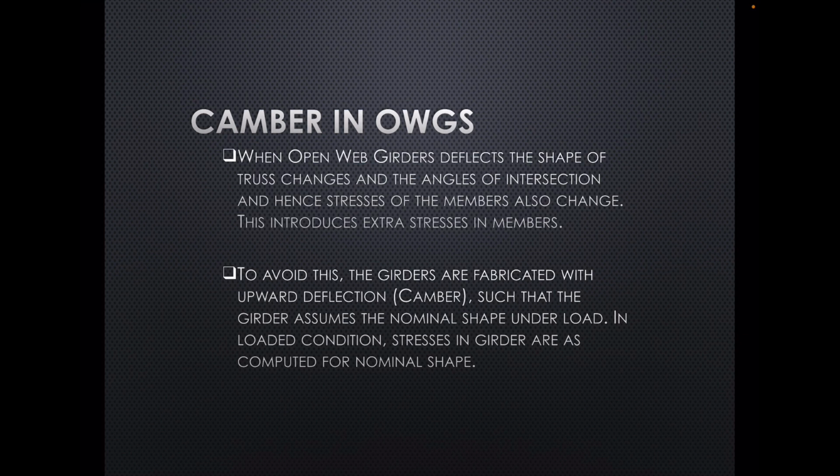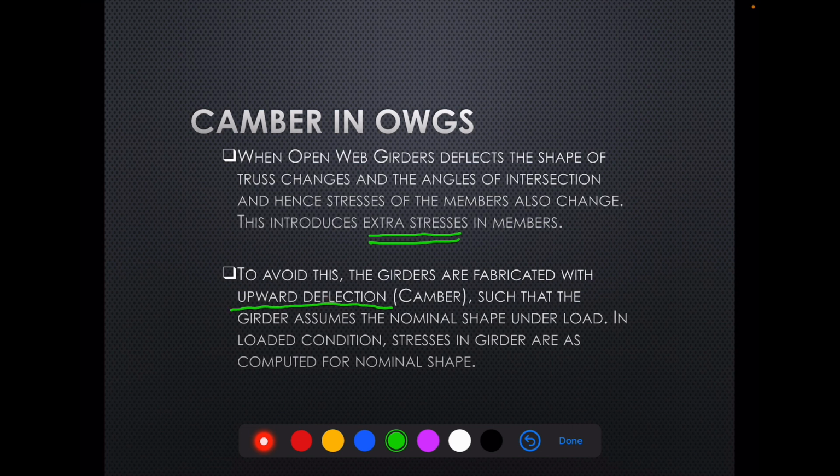This introduces extra stresses in members, which we have not taken care of or conceptualized so far. To avoid this, the girders are fabricated with upward deflection, that is camber, such that the girder assumes the nominal shape under load.